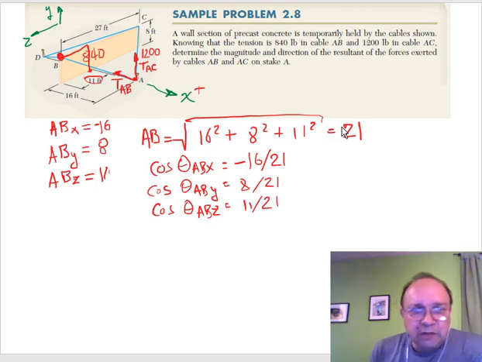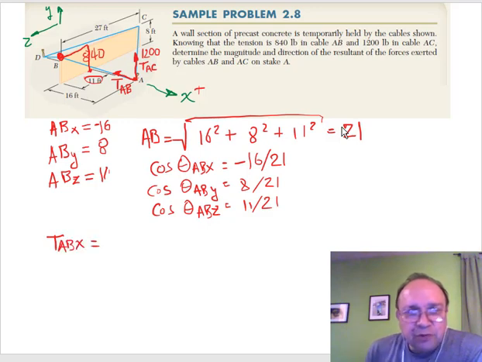So the decomposition of the tension AB: component ABX will be 840 multiplied by minus 16 over 21.